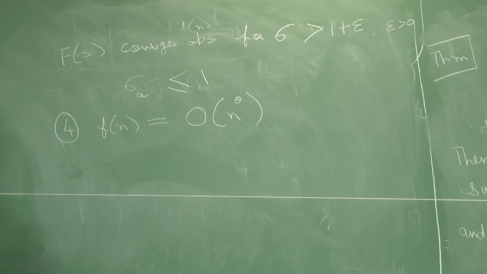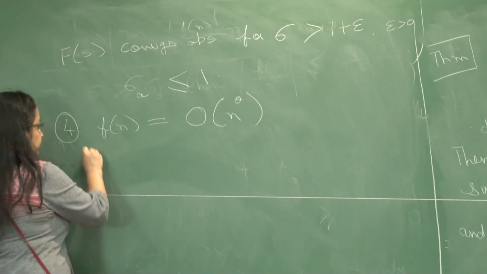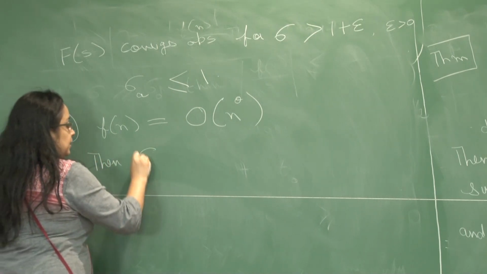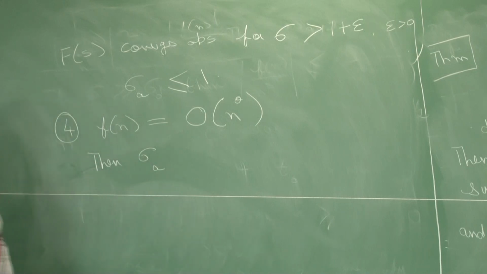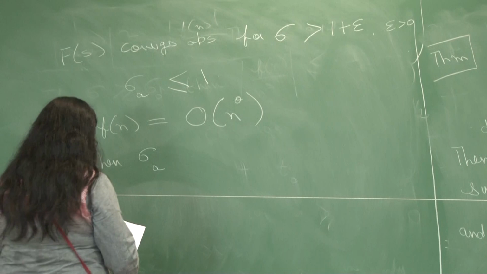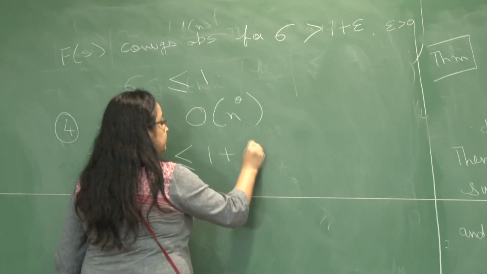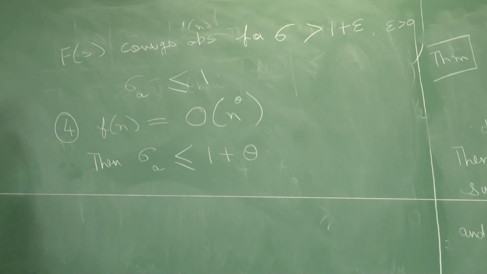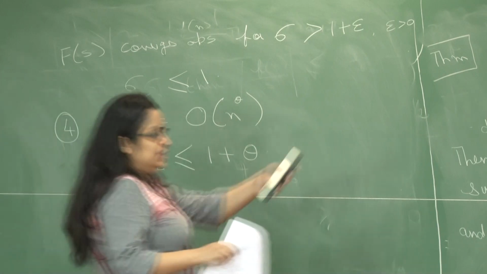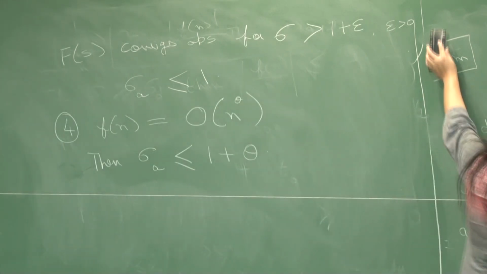Suppose you have this O estimate, then the abscissa of absolute convergence has to be less than or equal to 1 plus theta. Okay. So these are some immediate examples.